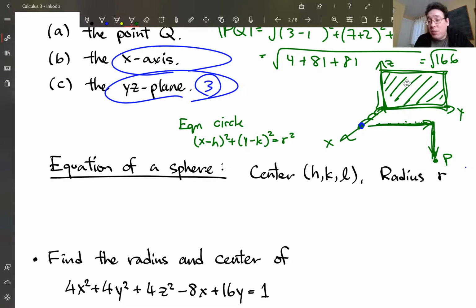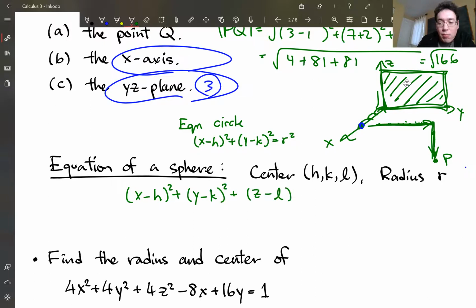An equation of a sphere is very much like that, except there's one more coordinate. So the equation of a sphere looks something like this.